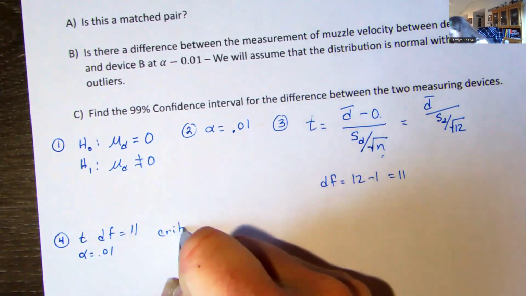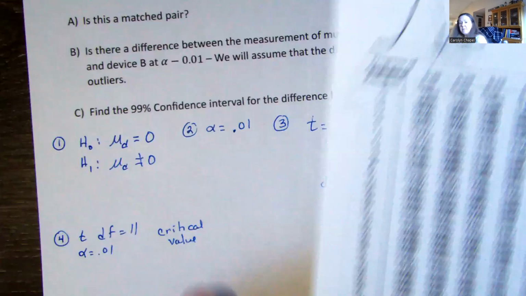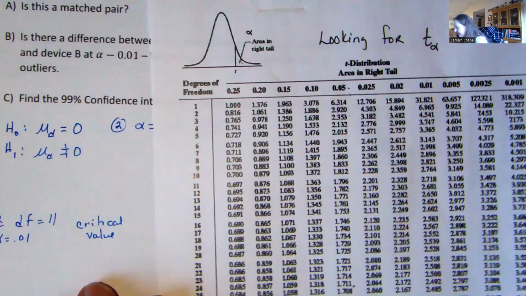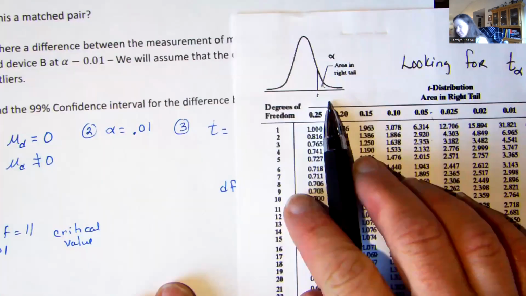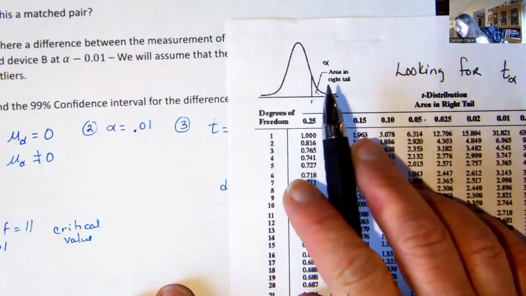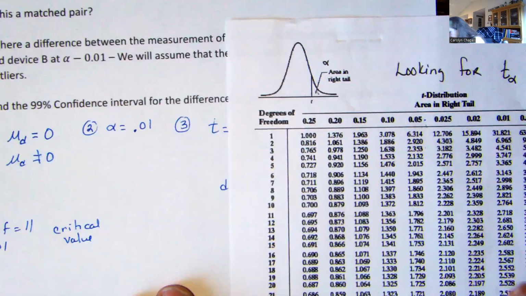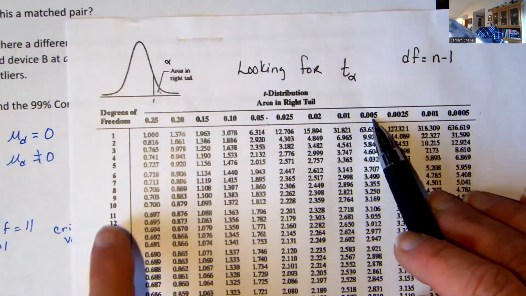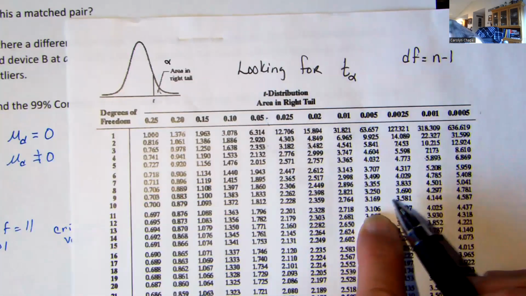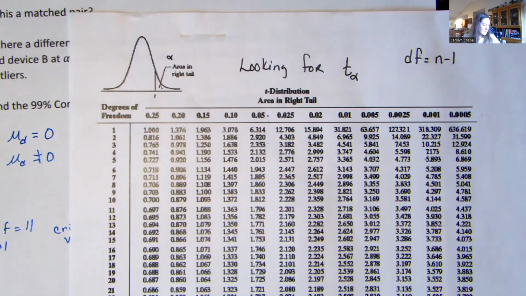So our critical value here, just to kind of remind us of these pieces. Since we do a two-tail, we're going to have 0.005 in both of those. So 0.005 and going down to 11, I have 3.106.